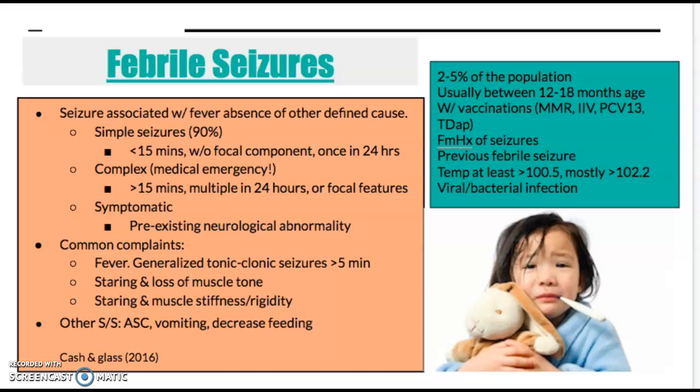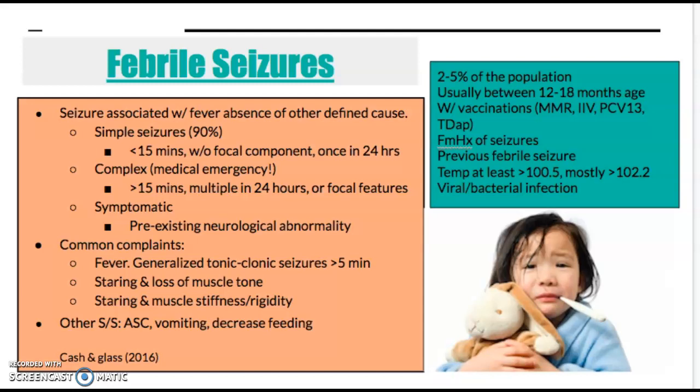2 to 5% of the population are affected by febrile seizures, and this usually occurs between the ages of 12 to 18 months. They are associated with vaccinations, including MMR, flu vaccine, pneumonia vaccine, and Tdap.